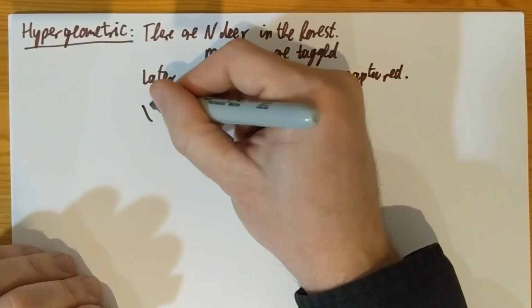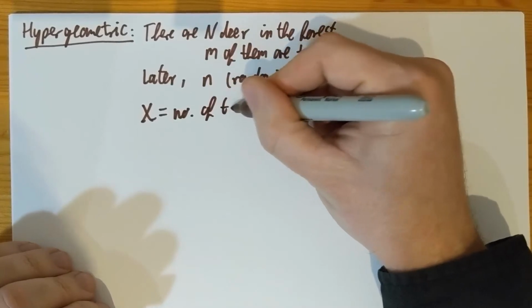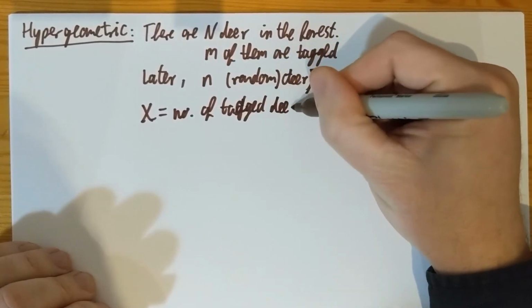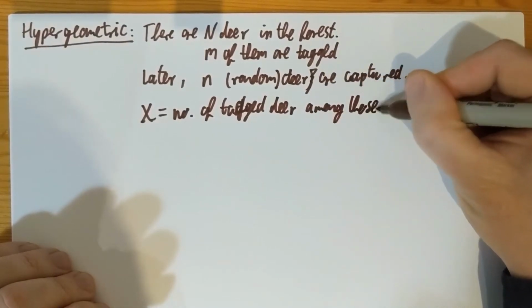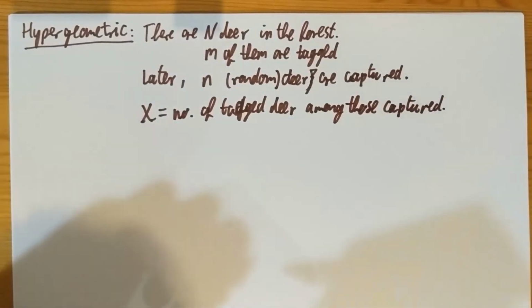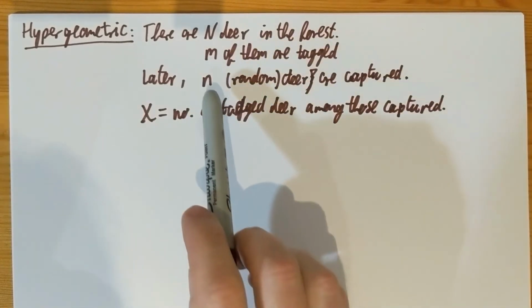And now x is going to be the number of tagged deer among those captured. Okay? So what is the number of tagged deer among all of those which are captured? That's x. Now, x obviously has a lot of restrictions. It cannot be larger than m. It cannot be larger than n.